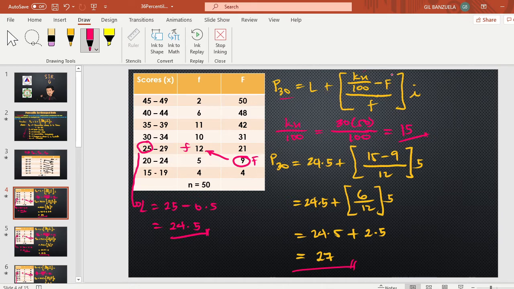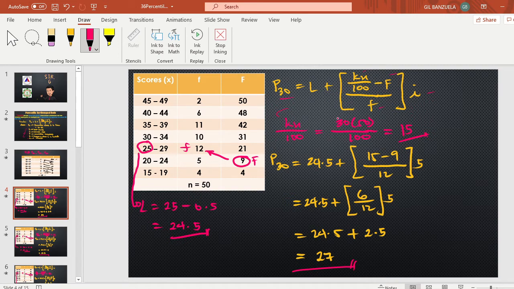Of course, the capital letter F is for the cumulative frequency, small letter f is for the frequency where the lower limit is located, and i is the class interval. So again, after stating the pattern, we are ready to find the value of kn over 100. Okay, because this is our basis for the cumulative frequency.